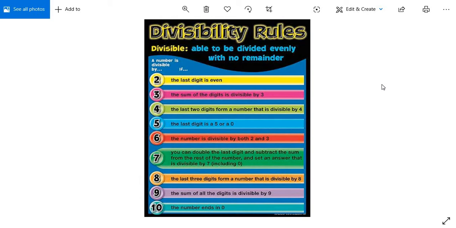So these are the divisibility rules that you need to be familiar with.